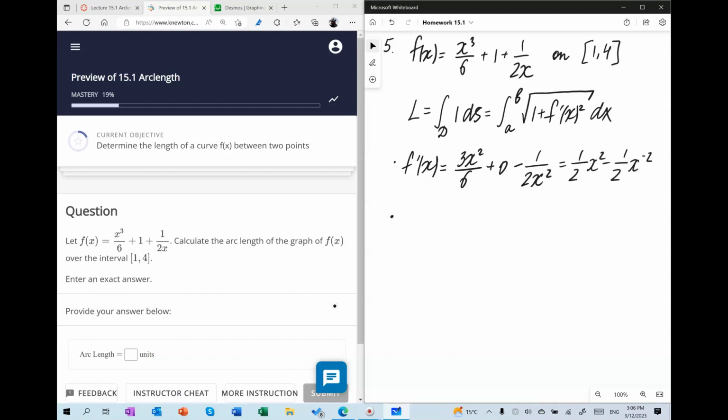And next, I'm going to compute this radicand, or rather, not compute it, but find it in its simplest form. And we're going to have 1 plus f prime squared.